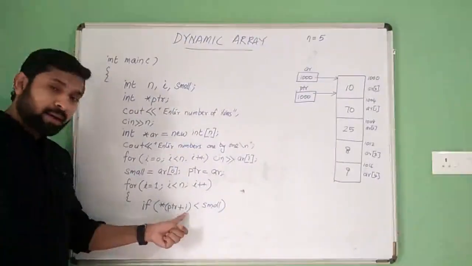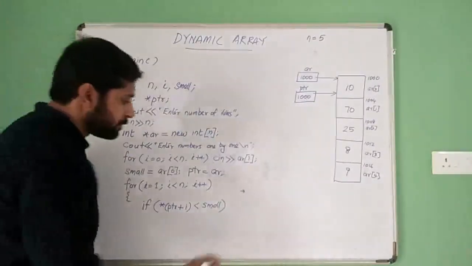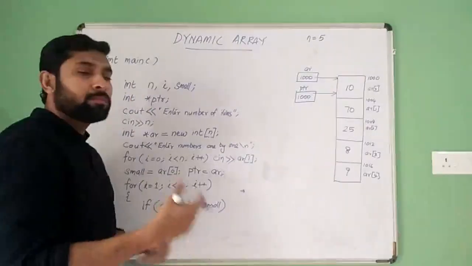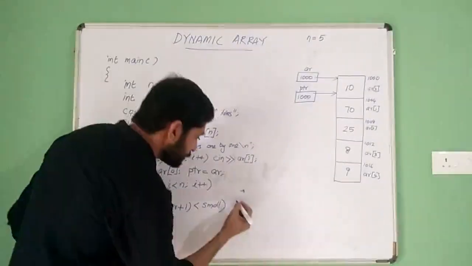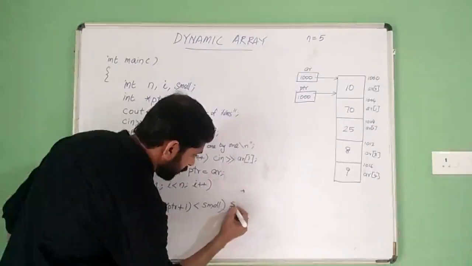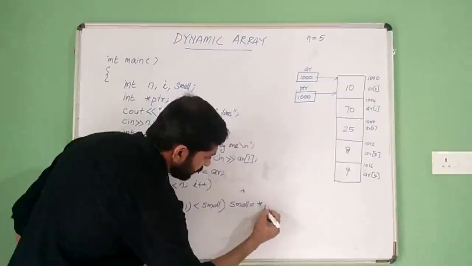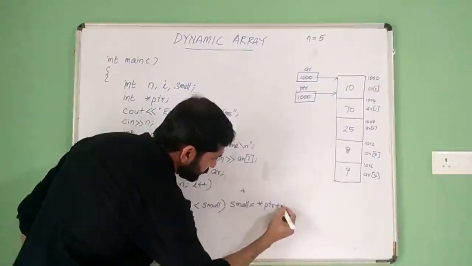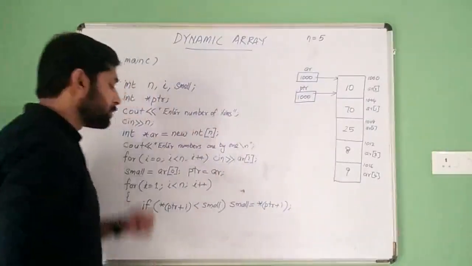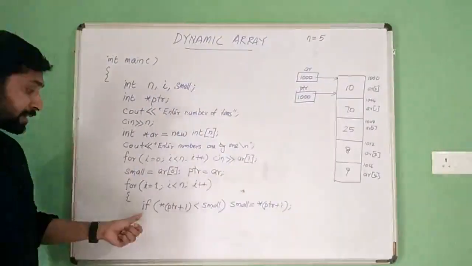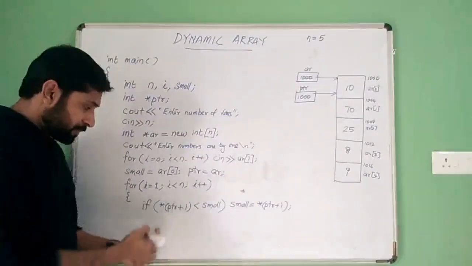If PTR of I is less than small, we have to make some rearrangement, that is small equal to star PTR plus I. See the comparison here. Star PTR plus I.